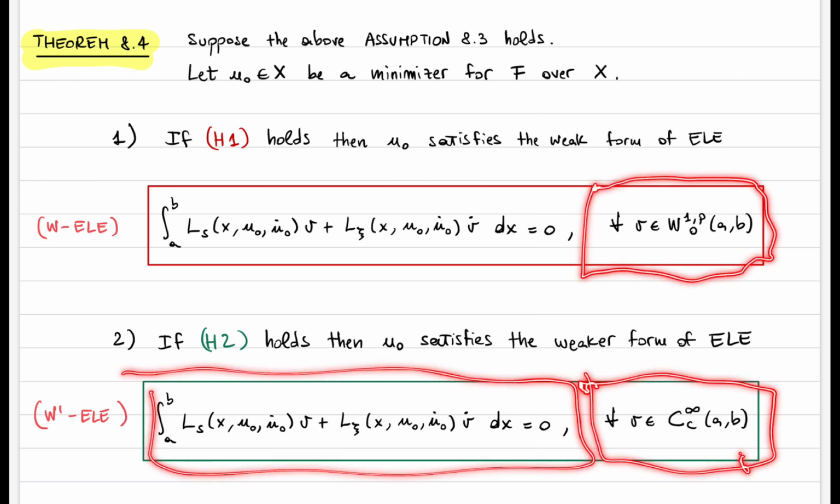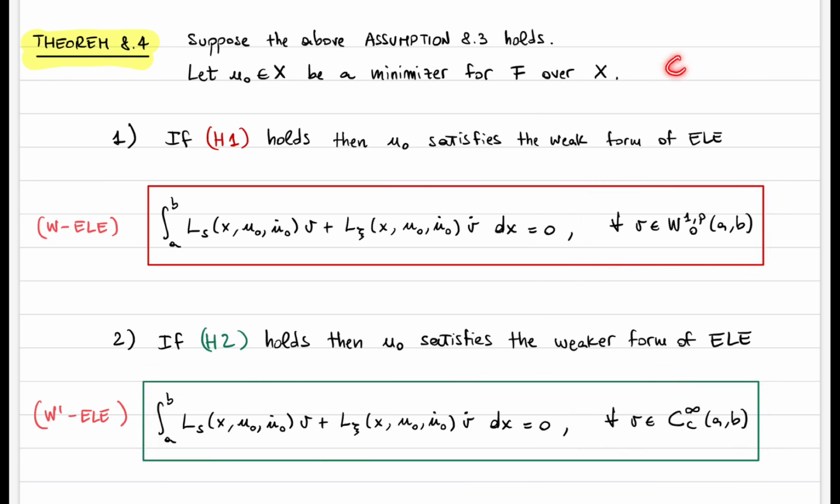And this is weaker, obviously, because C infinity compact is strictly contained in W^{1,p}_0. And so you see that the weaker form of the Euler-Lagrange equation requires way fewer test functions, so it holds much less in general than the first one in point 1.